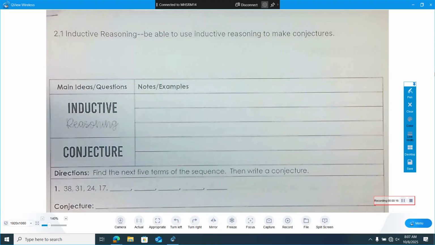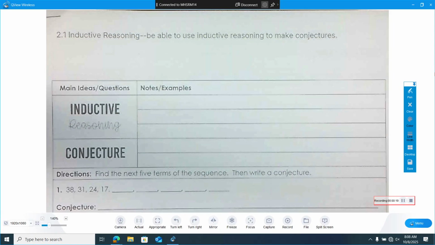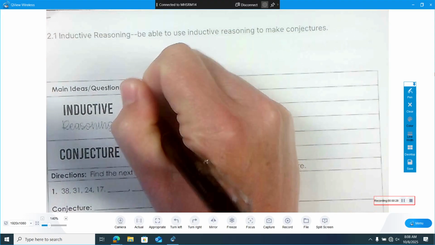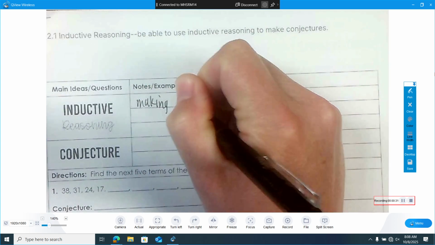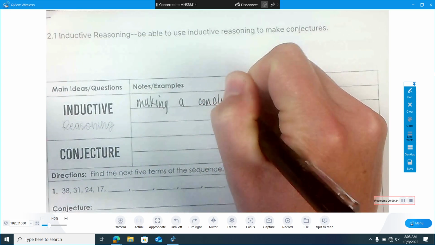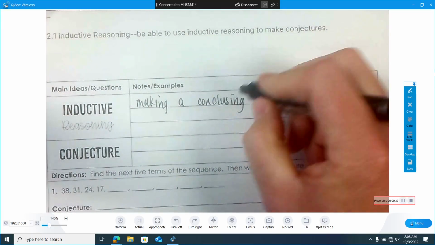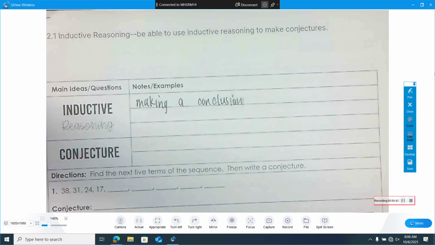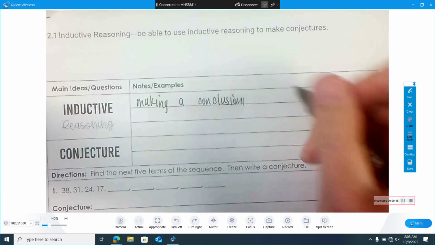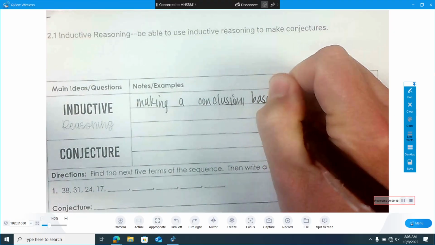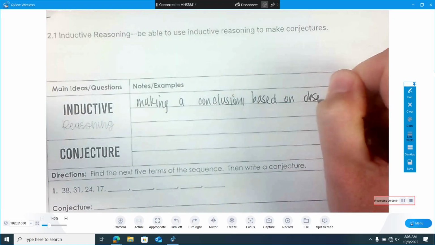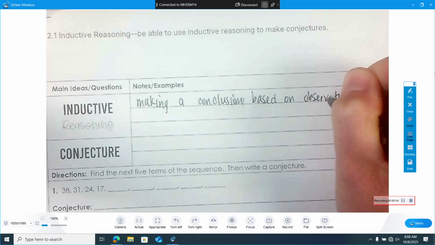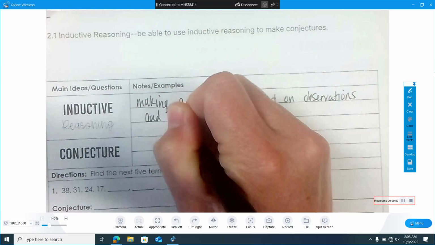And so we're going to start here talking about inductive reasoning and what it is. Inductive reasoning is coming to a conclusion based on observations and patterns.